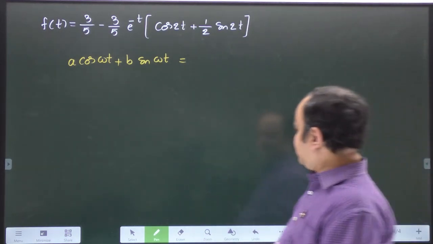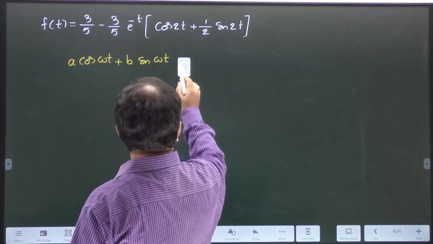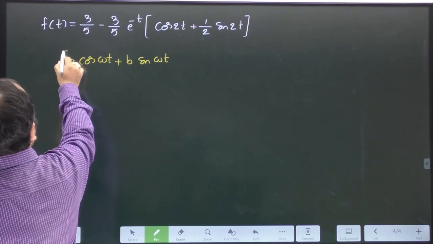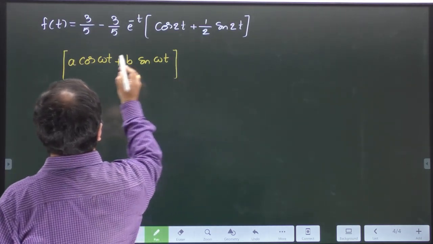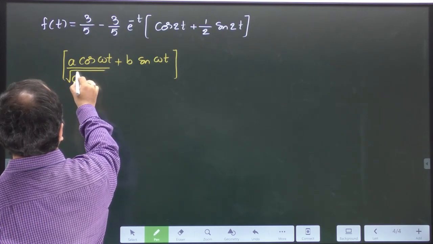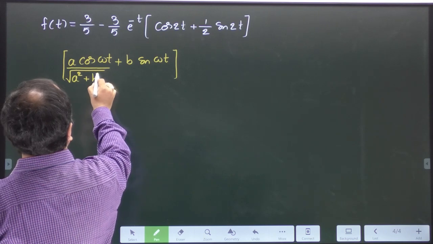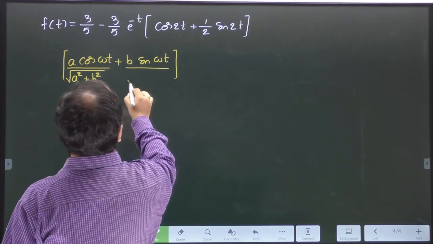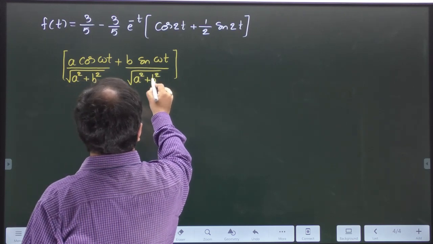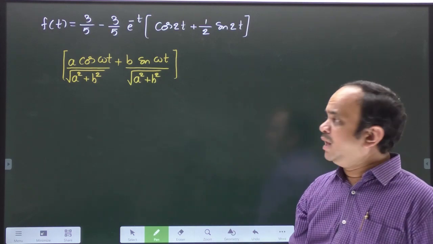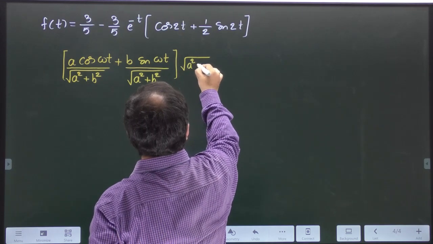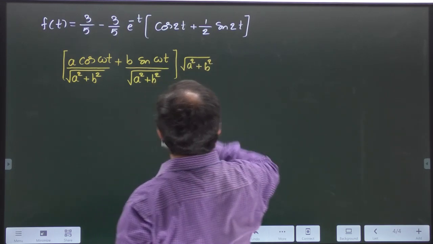So, this particular expression can be rearranged like this. Suppose if I divide this with root of a square plus b square, this term also root of a square plus b square. You cannot divide in this way, therefore, I will multiply it, root of a square plus b square, right?